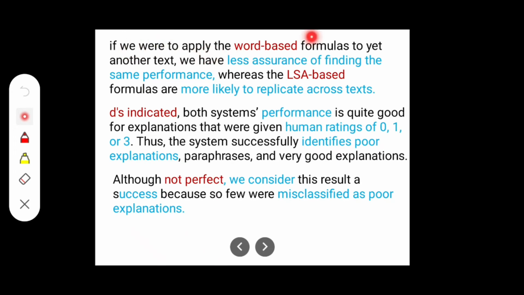If we apply word based formulas to another text, we have less assurance of finding the same performance. Let me give a real-time example so it is easy to understand.